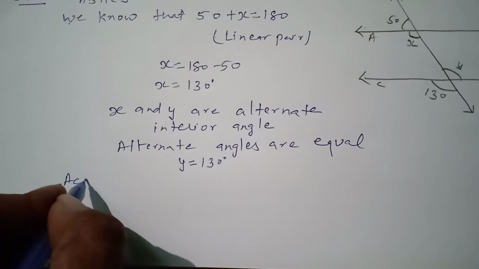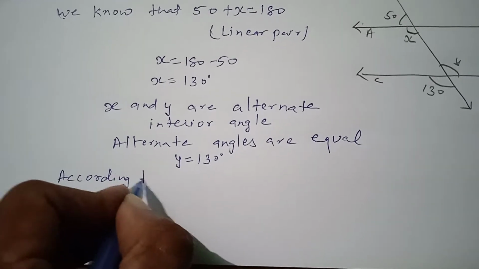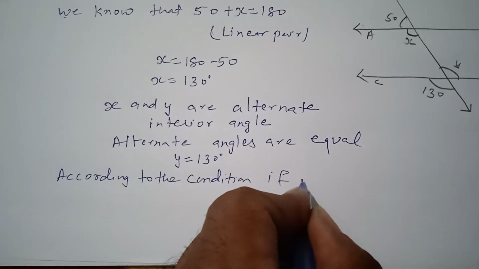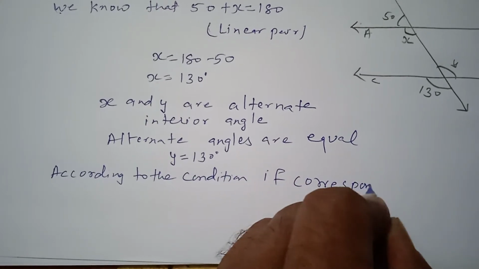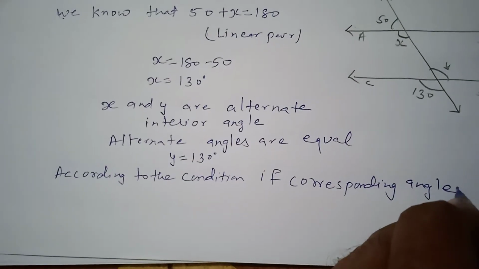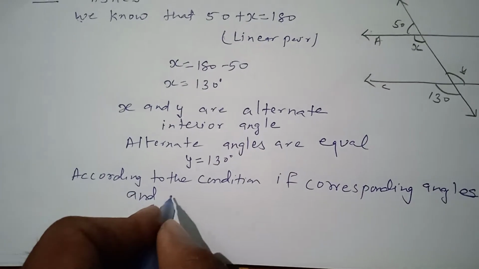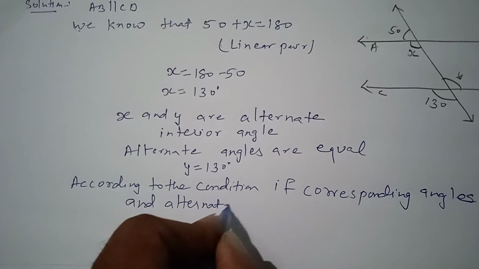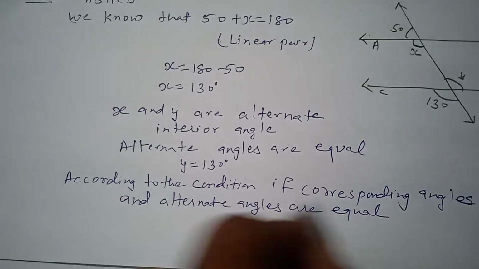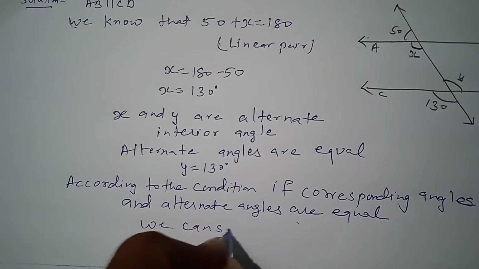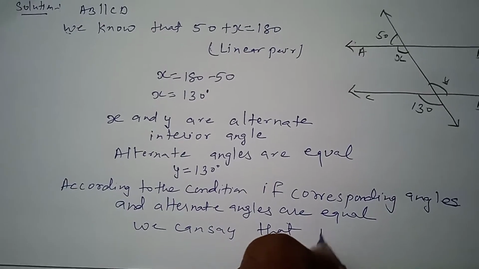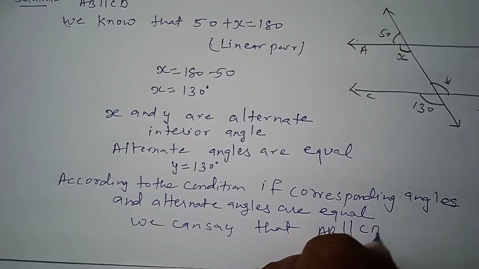According to the given condition, if corresponding angles and alternate angles are equal, we can say that AB parallel to CD.